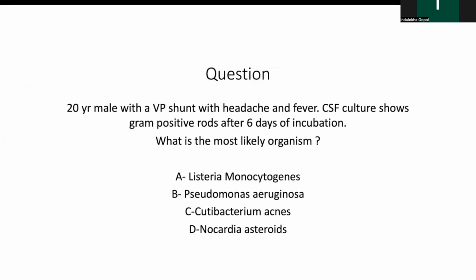Question. A 20-year-old male with a VP shunt with headache and fever. CSF culture shows gram-positive rods after 6 days of incubation. What is the most likely organism? A. Listeria. B. Pseudomonas. C. Cutibacterium acnes. D. Nocardia asteroides.